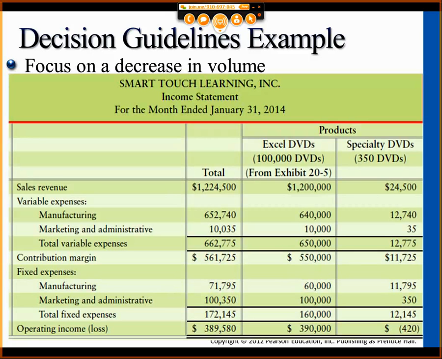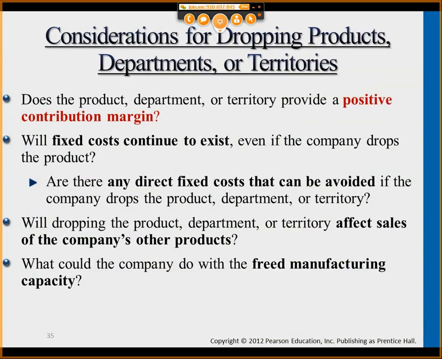All right, so how do we make those considerations? What are we looking at? How do we make that decision? While we're talking about dropping the product because there is a negative operating income, which is a loss to us, it's not the only thing that we're going to consider.